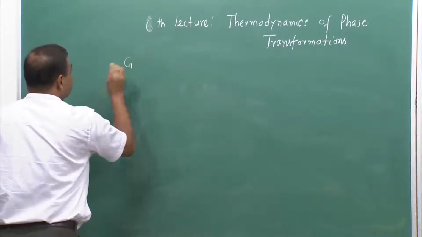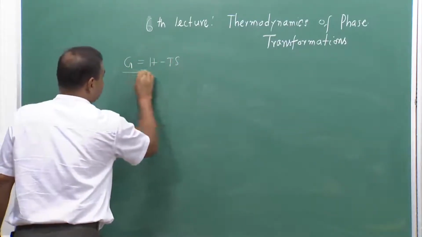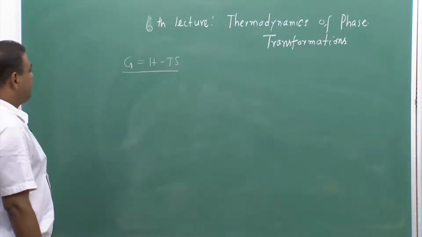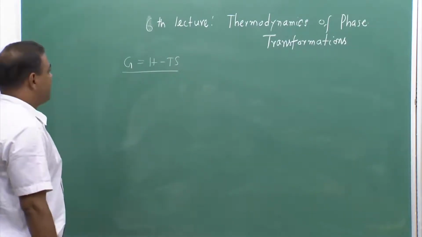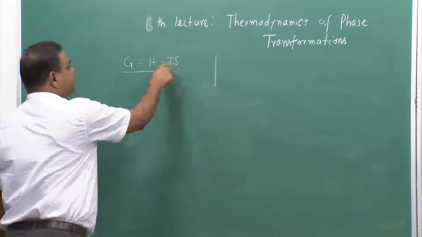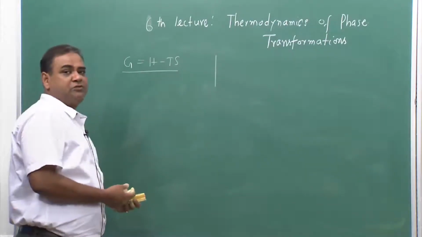Now, we know G equal to H minus TS. At the same time, our understanding says that the absolute value of these state functions would not be possible to find out.